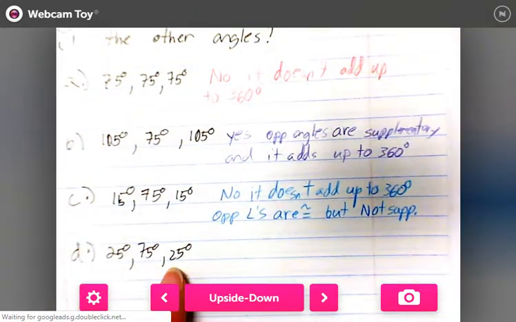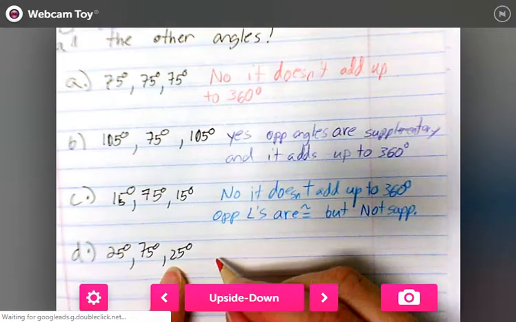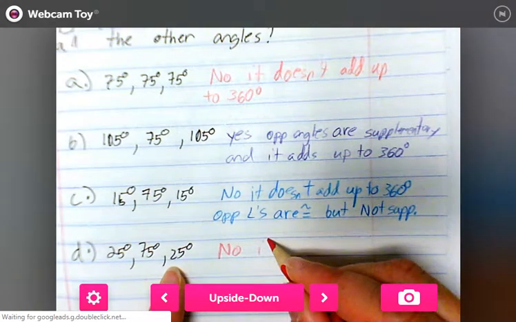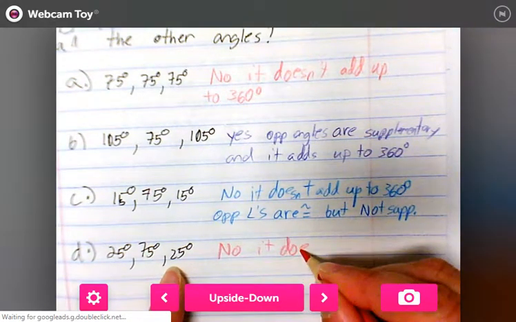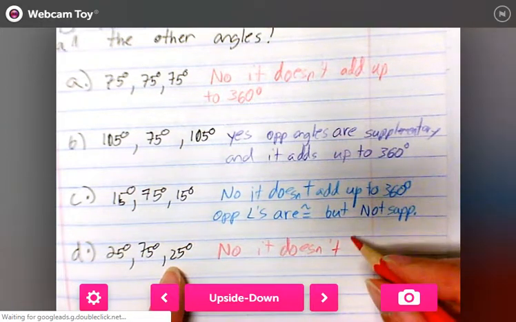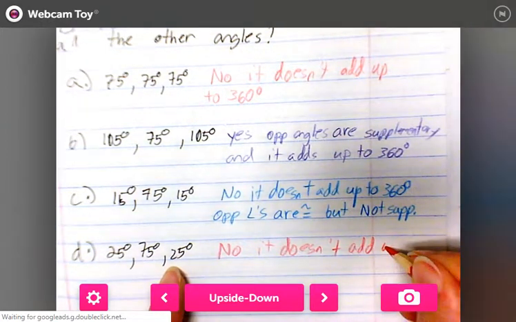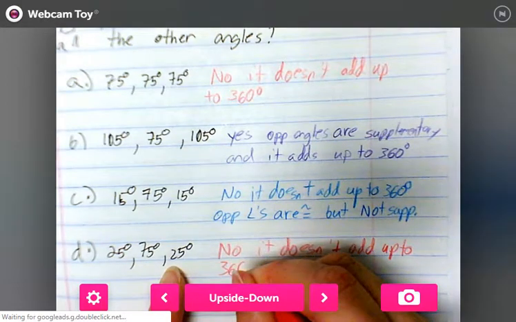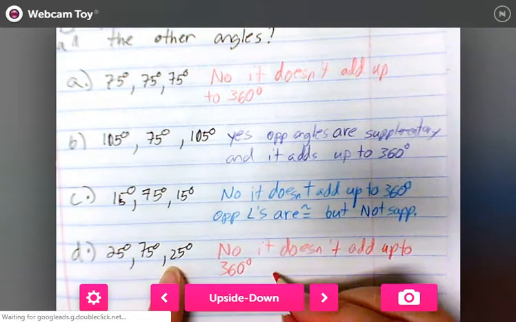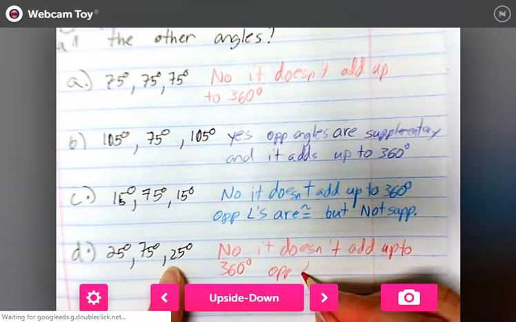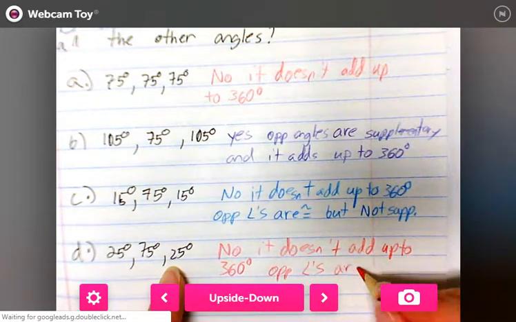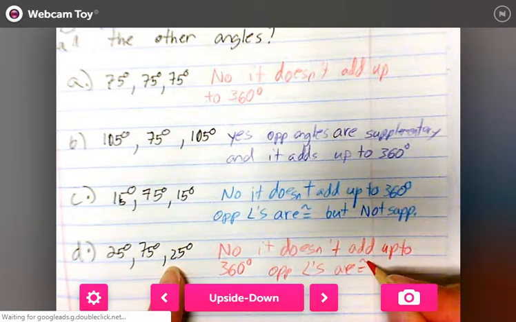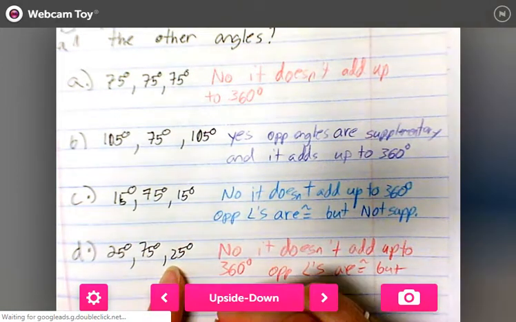Okay. D. No. It doesn't add up to 360. Opposite angles are congruent, but not supplementary.